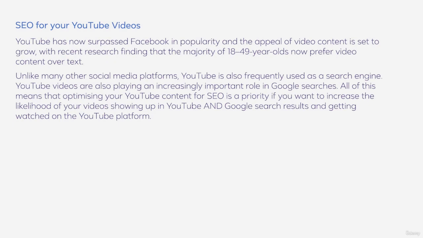YouTube videos are also playing an increasingly important role in Google searches. All of this means that optimizing your YouTube content for SEO is a priority if you want to increase the likelihood of your videos showing up in YouTube and Google search results and getting watched on the YouTube platform.